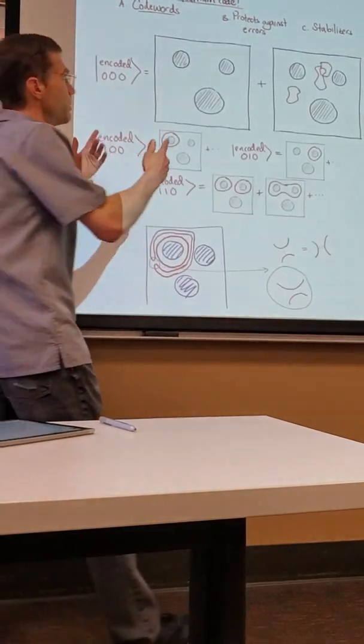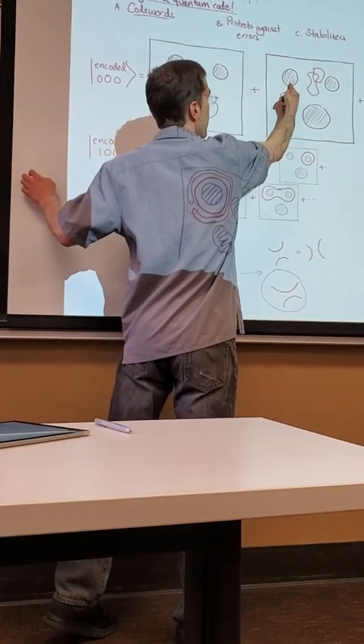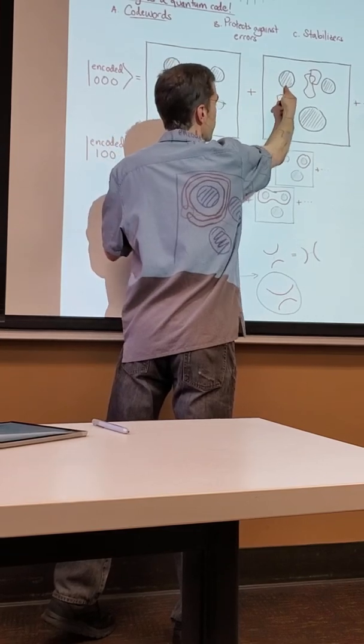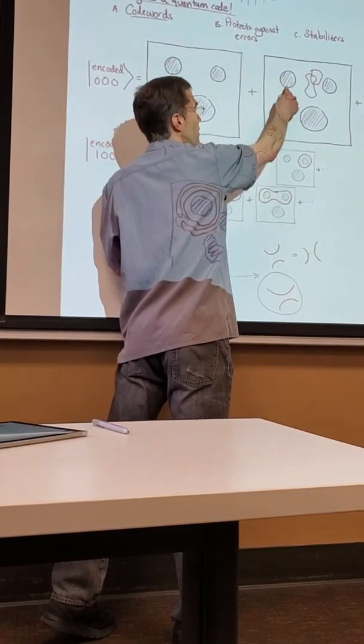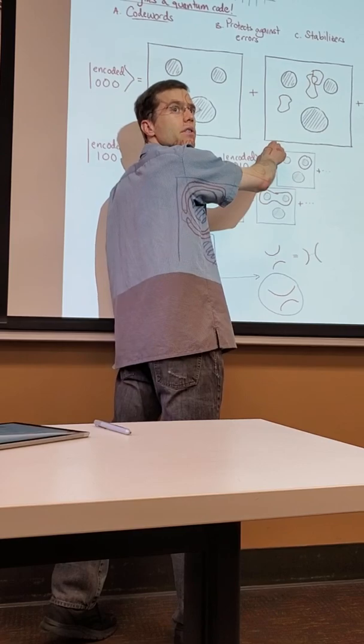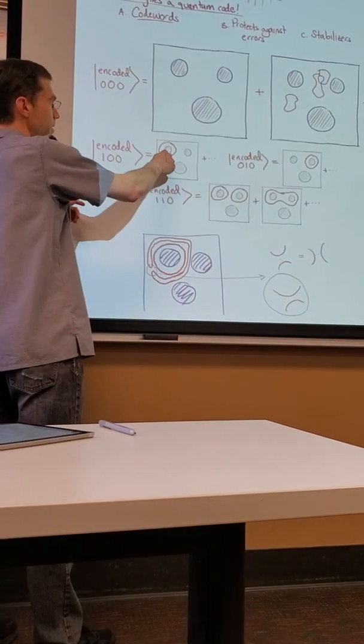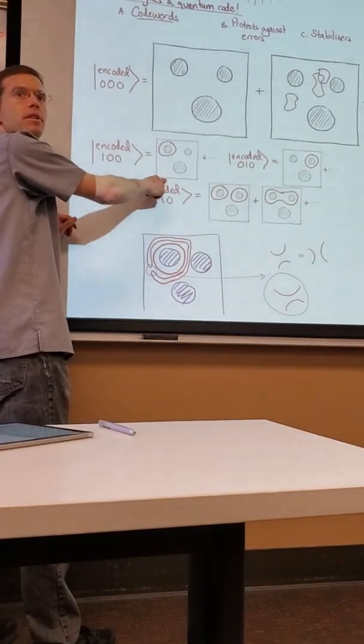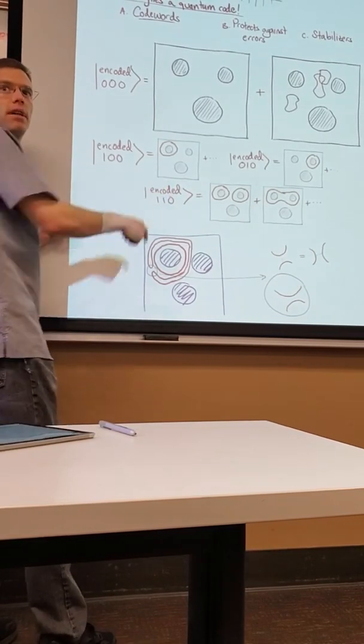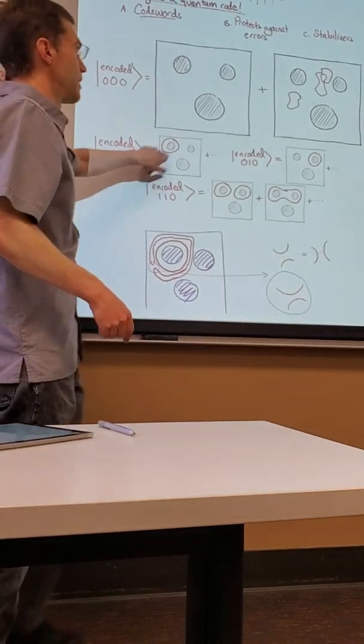In particular here, if you take any path from this to the boundary, it should cross an even number of strings. Whereas here, if you take the same path, it'll cross an odd number of strings, 1 or 3 or 5. So that's how you can distinguish this.